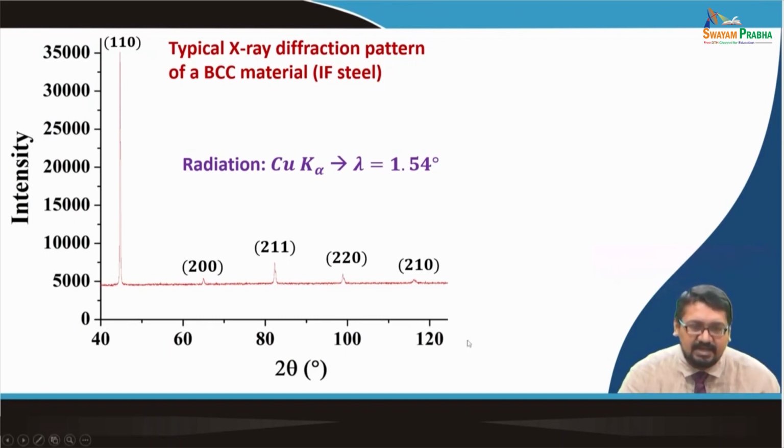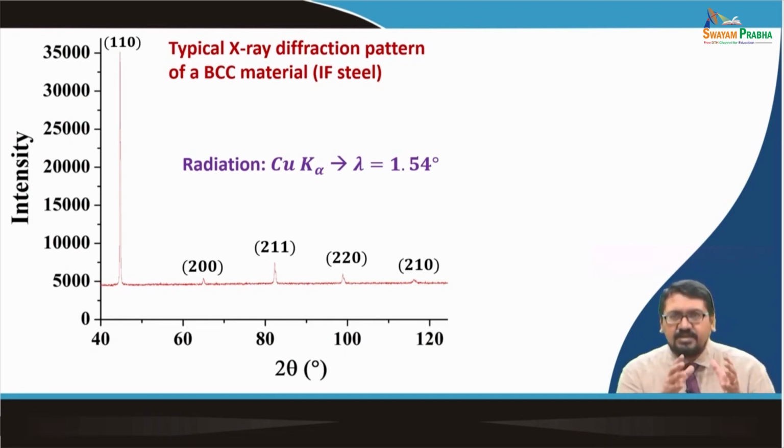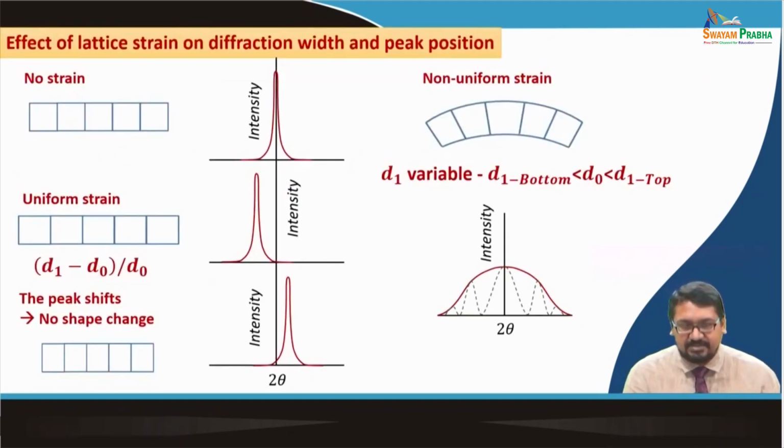And you see, here is an example of the diffraction pattern obtained from this kind of copper alpha radiation, and you can see that we have obtained a peak at 110, another peak at 200, another at 211, 220, 210, and these peaks show that this is a BCC material, and thus this shows the importance of characteristic radiations.